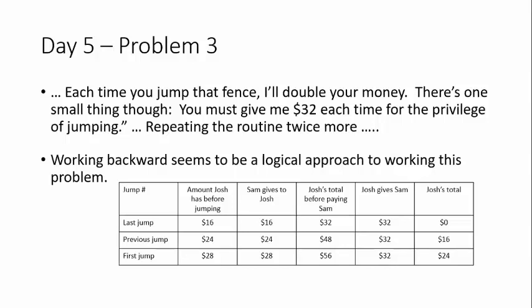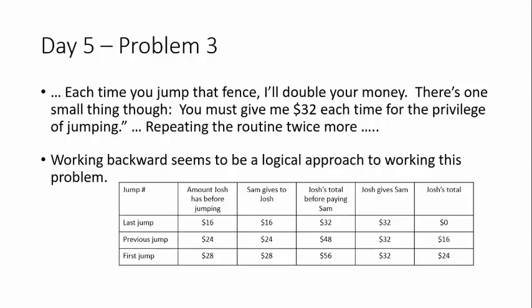Half of 48 is 24. So Josh would have had $24 and Sam would have given him an additional $24. So after the first jump, Josh would have been left with $24.